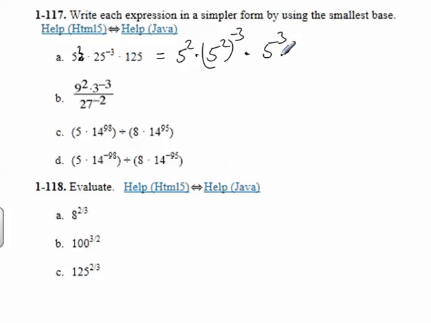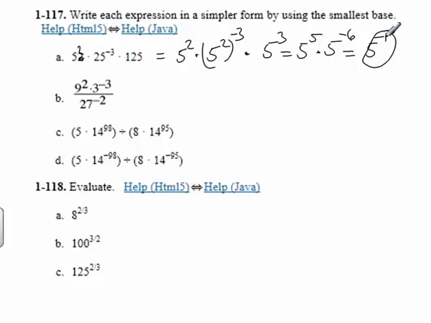So let's continue simplifying. We've got 5 squared together with our 5 to the third would be 5 to the fifth. And then times a 5 to the 2 times negative 3, so 5 to the negative 6. And then these two leave us with a 5 to the negative 1 power.